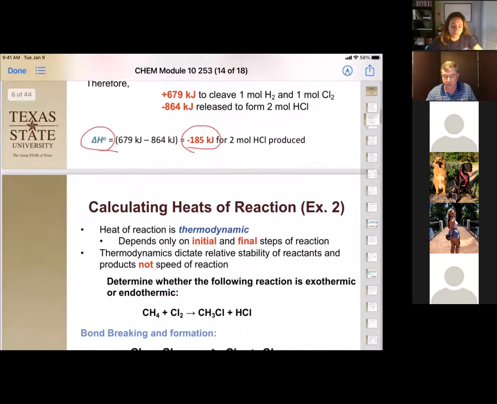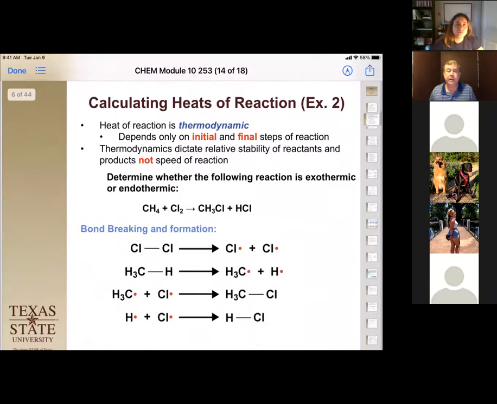Okay, so we can do this with any reaction, like a complex reaction like the chlorination of methane. And because this is a thermodynamic process, it doesn't matter what all the different steps are. All that matters is the starting step, which is the breaking of the chlorine-chlorine bond, or the breaking of this hydrogen-carbon bond, and the formation of the carbon-chlorine bond and the formation of the hydrogen-chlorine bond.